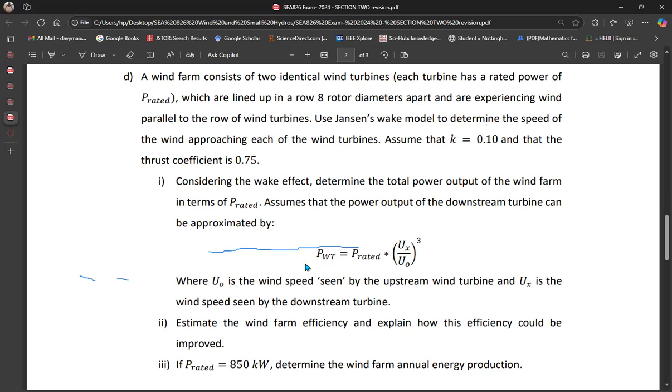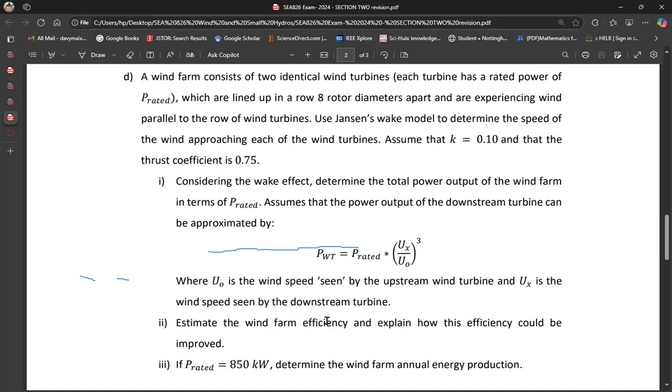but the difference will just come in here in Roman 2, whereby you are told to estimate the wind farm efficiency. So you shall notice that in the first one, we calculated the loss in power due to the wake. But now in this one, we are calculating the efficiency.